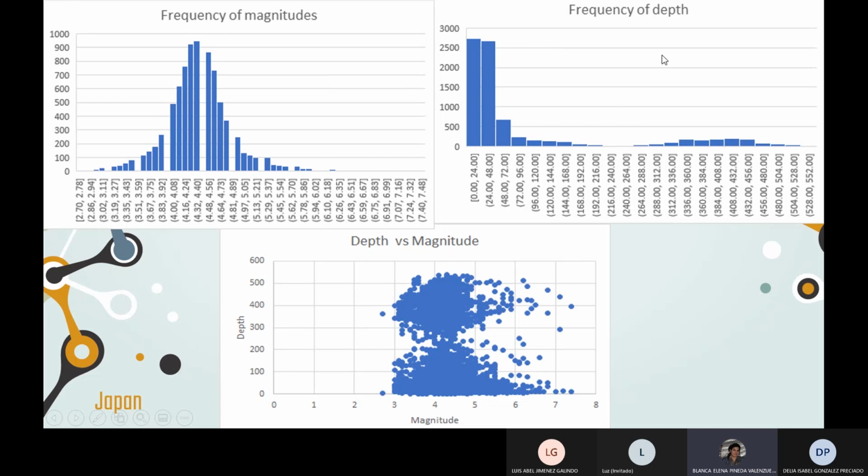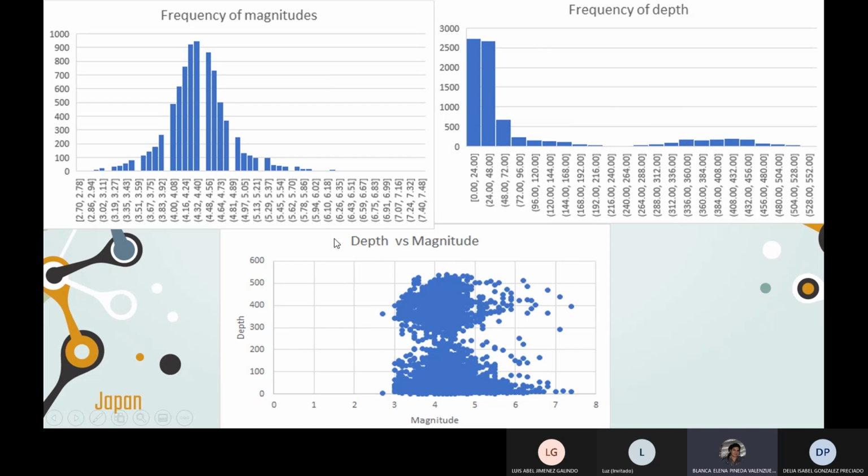The frequency of depth has a bimodal distribution where we have a very large peak at depths between 0 and 48 kilometers and a very small but wide peak between 336 and 456 kilometers.